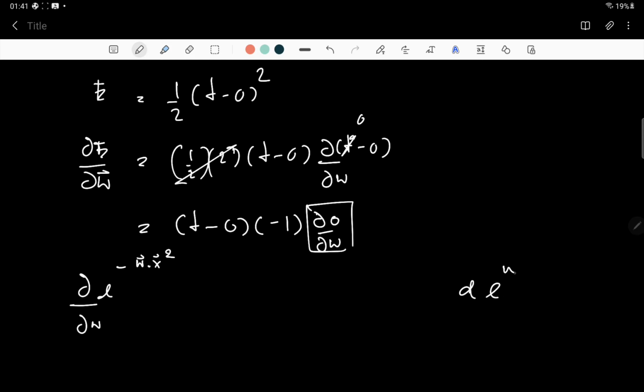This is like the derivative of e to the power u with respect to x. For example, it will be d(e to the power u)/du times du/dx. So it is the same.